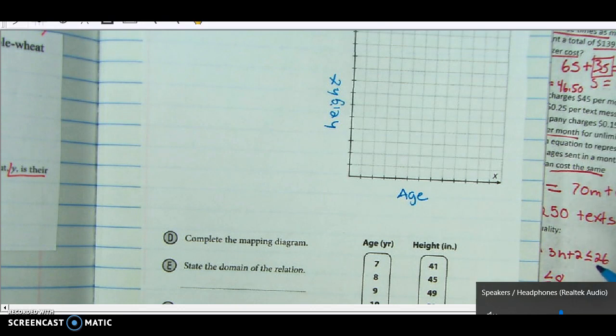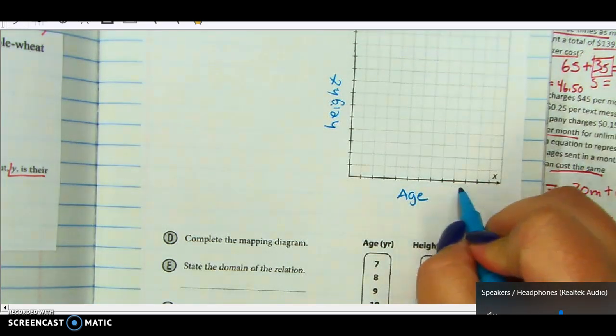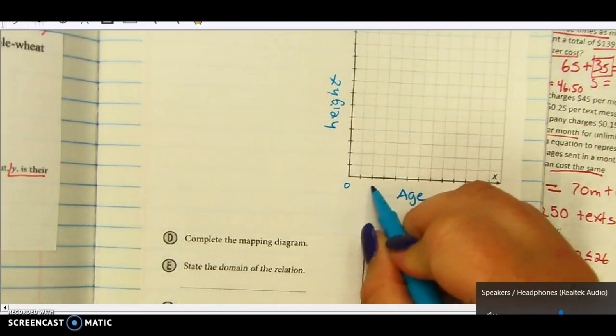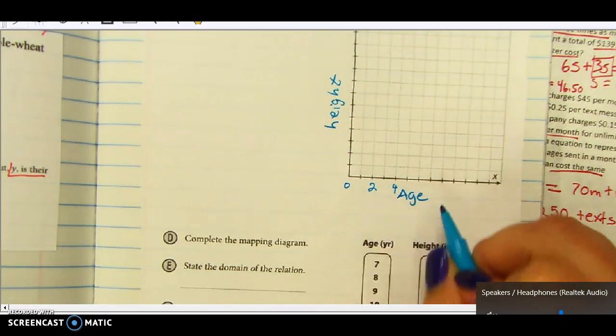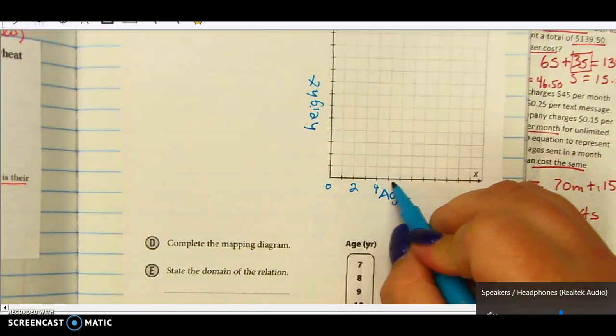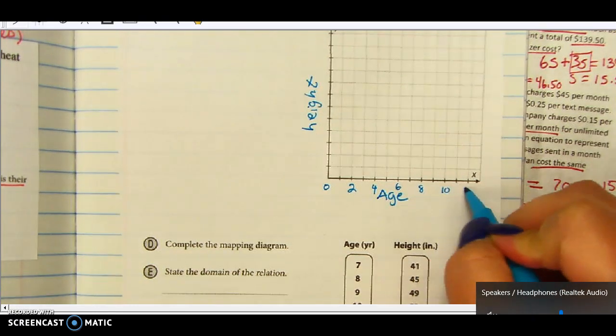Now, the ages went from 7 to 12. If you look, I believe the one I gave you would allow you to number this so that each one is worth one box. So 1, 2, 3, 4, 5, 6, 8, 10, 12.